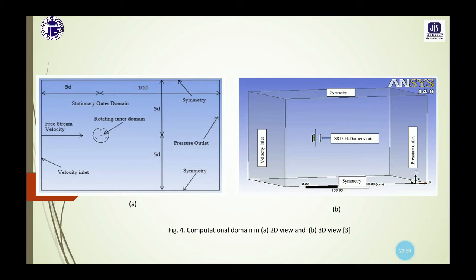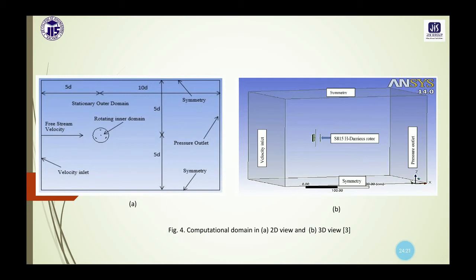Here you can see one computational domain. On the left side is the free stream velocity inlet, and on the right side we have the pressure outlet. The top and bottom sides are considered as symmetry or wall.